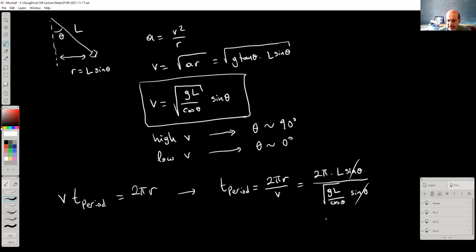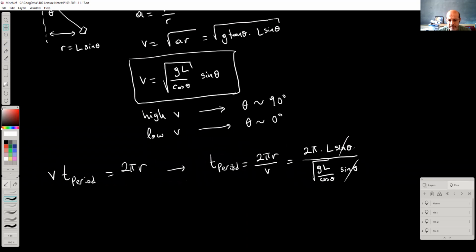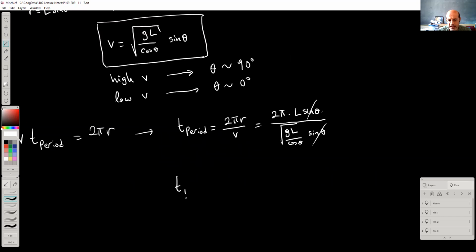It is nice that the sine theta goes away. So therefore, the period is equal to 2 pi times the square root of L over g times cosine theta.